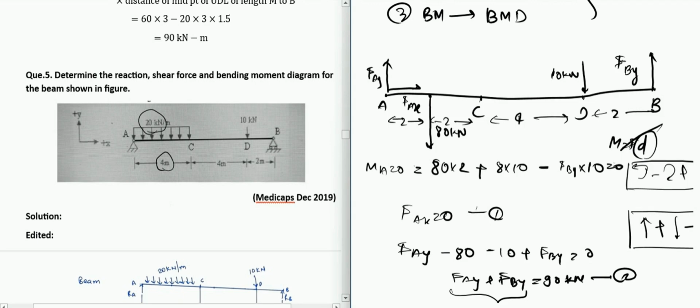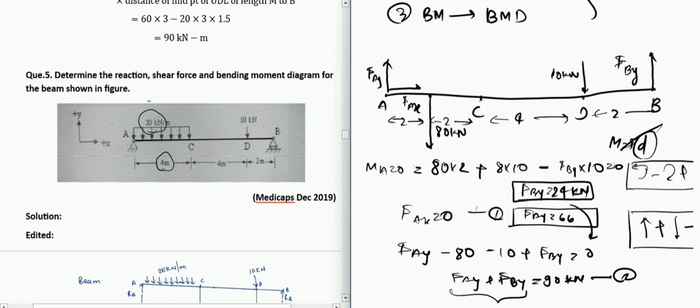So it equals 0. If you take it in the other direction, 80 into 2 will be 160 plus 80 will be 240. Divided by 10 will be 24. So FBY will be 24 kilonewton. If you put this value in our second equation, which is FAY plus FBY is 90, you can get the value of FAY also, which will be 90 minus 24, which comes out to be 66.